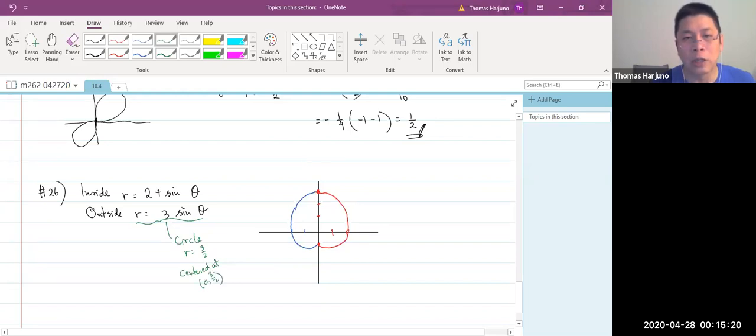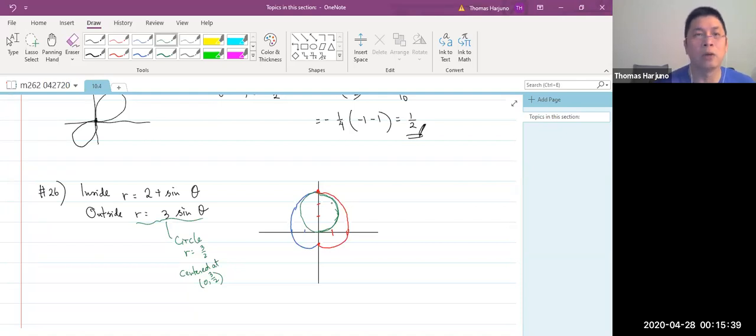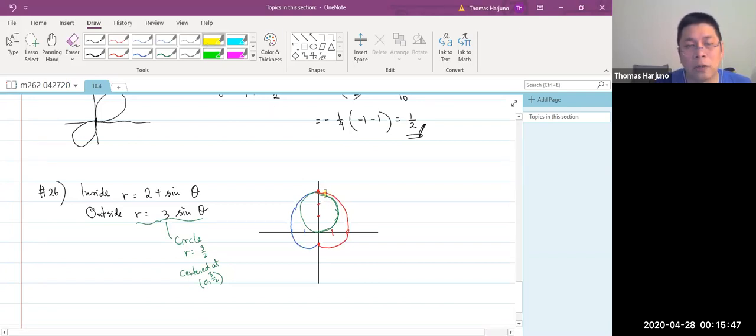So it looks like this. Now the question is, what is the area in between? Inside of the cardioid, but outside of the circle. I think I will just do one part and then double it later on.